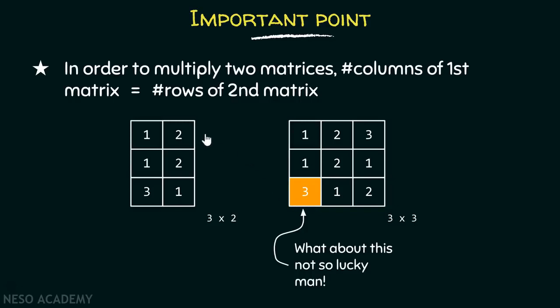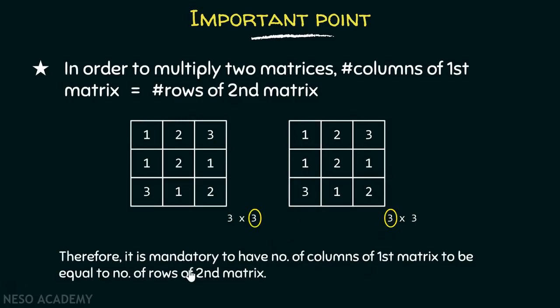There is no element over here which we can multiply with this element. You can see here we are traversing the columns one by one, and here we are traversing the rows one by one. That is why the number of columns must be equal to the number of rows before multiplying the matrices. Therefore, it is mandatory for the number of columns of the first matrix to be equal to the number of rows of the second matrix.